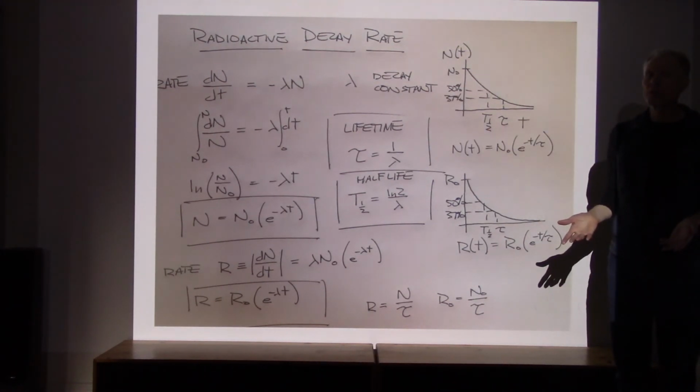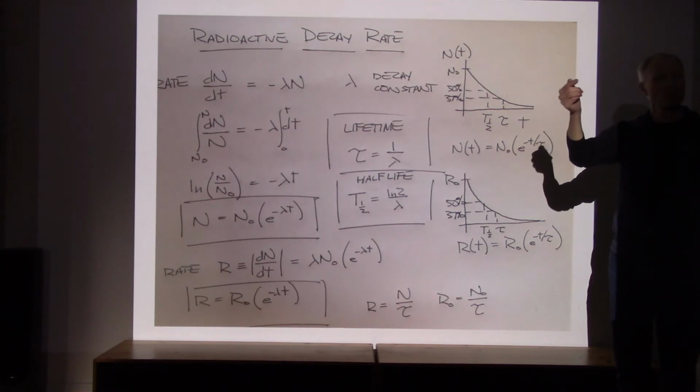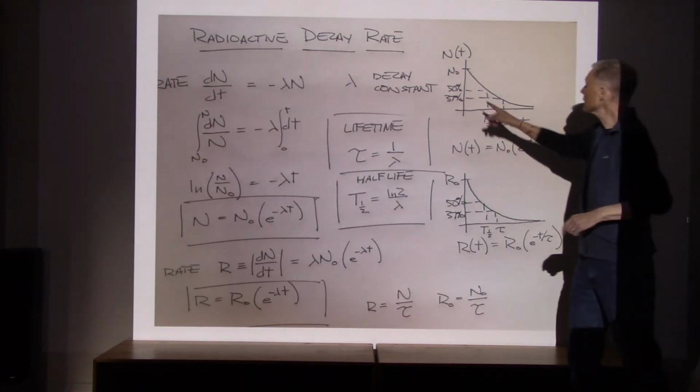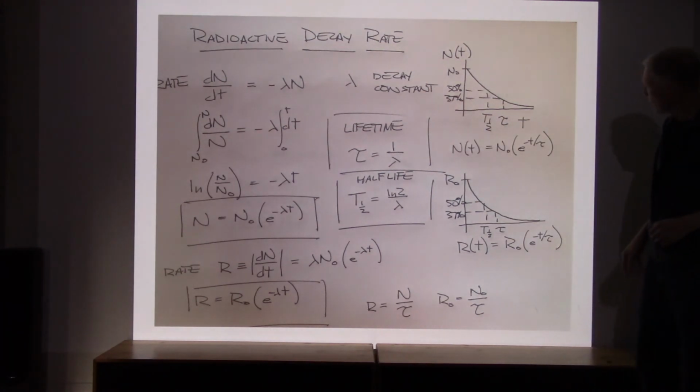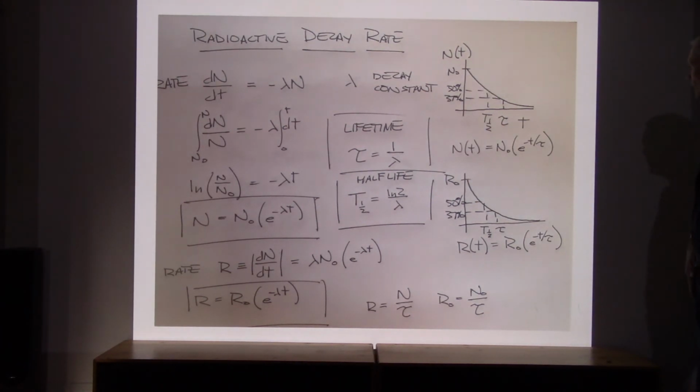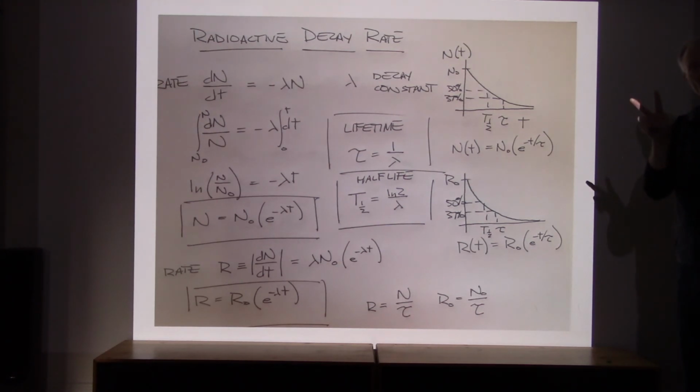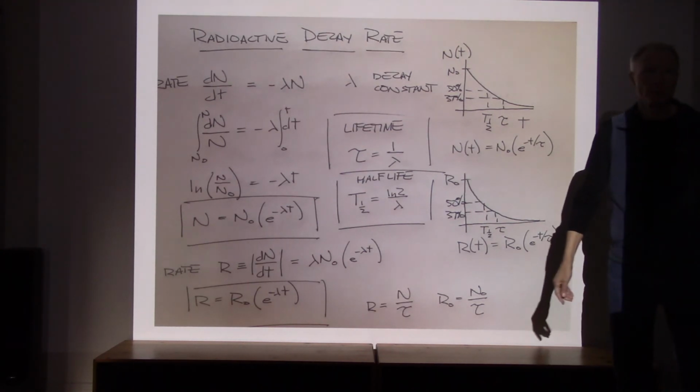Remember our old friend, 37%, that's 1 over E. Instead of 1 over 2, this is 1 over E. And so after a lifetime has passed, we'll be down to 37%. 2 lifetimes, 14%. 3 lifetimes, 5%. So we've looked at those examples before.